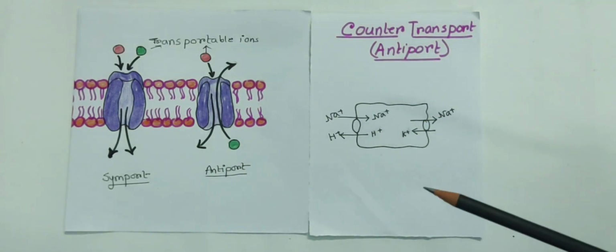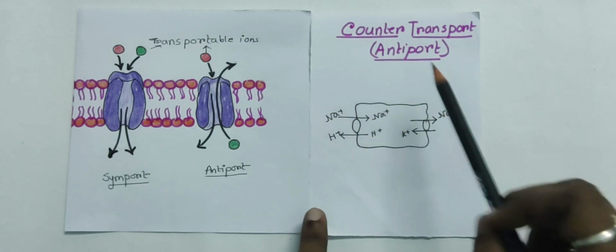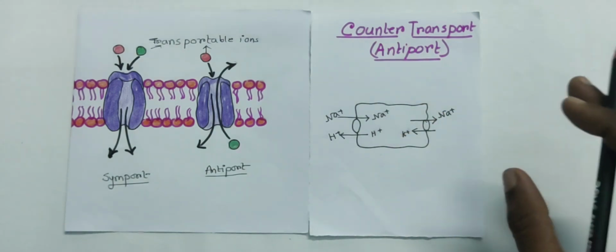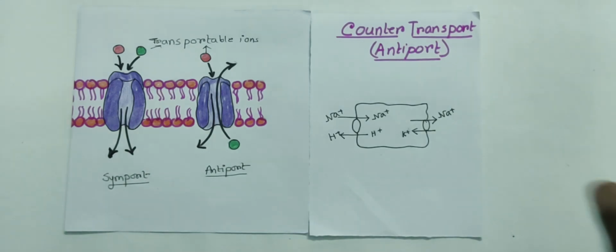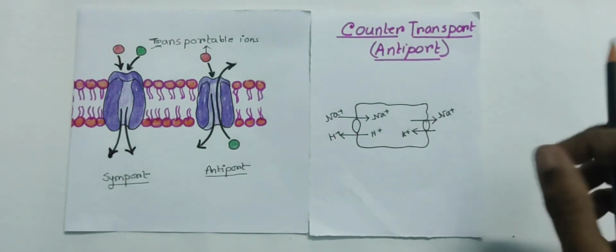Sodium hydrogen and calcium hydrogen are these channels. This type of transport is used in acid base maintenance, the balance of acid and base.